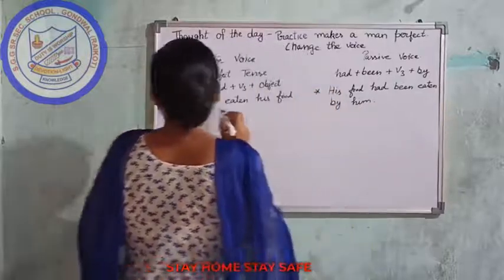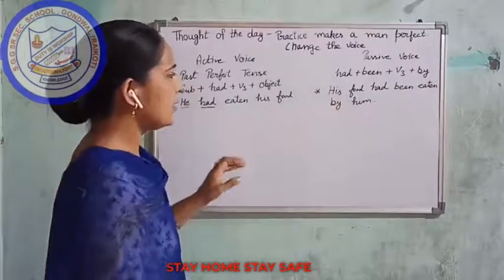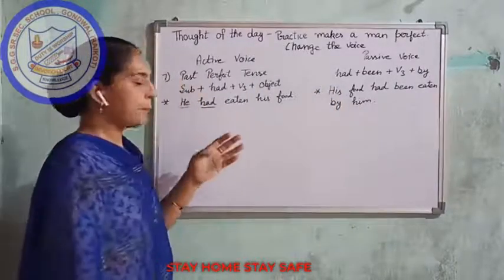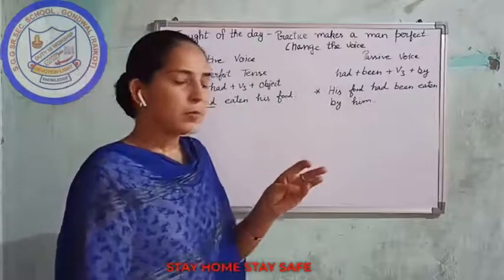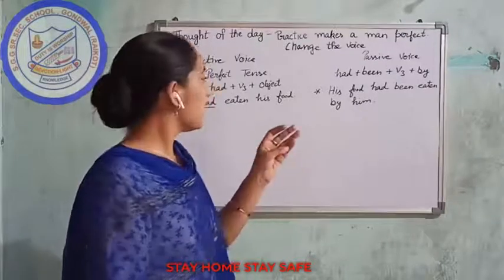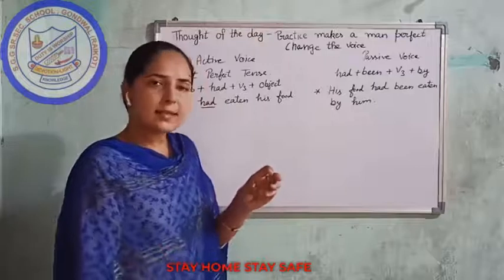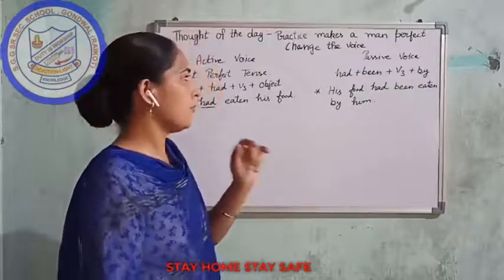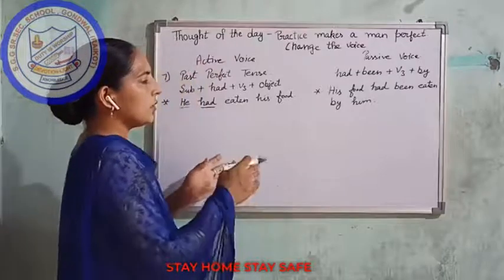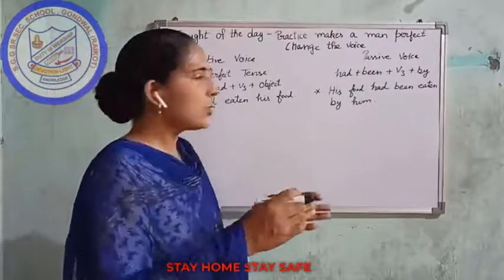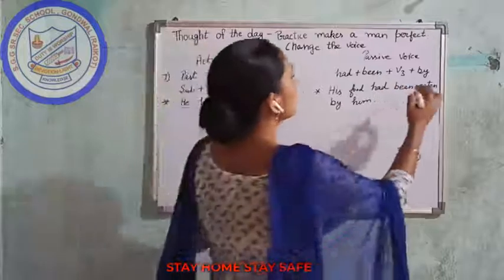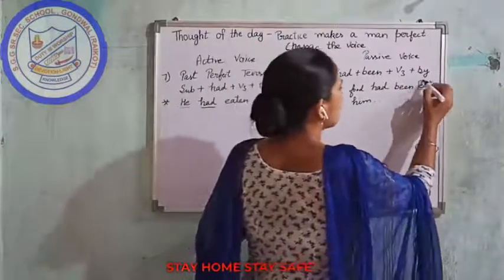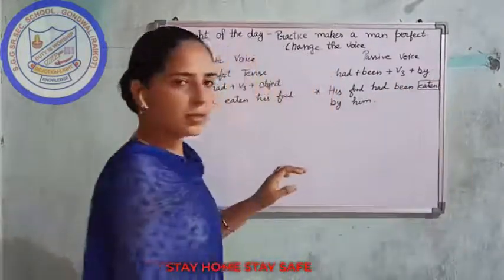Students, have you noticed that in past indefinite, past continuous, present indefinite, present continuous and future indefinite tense, in those tenses you have to find out the third form, the past participle of the verb?